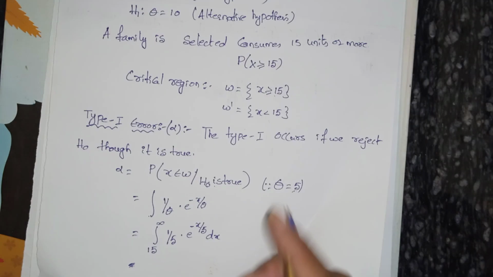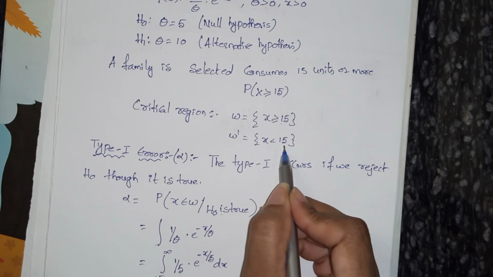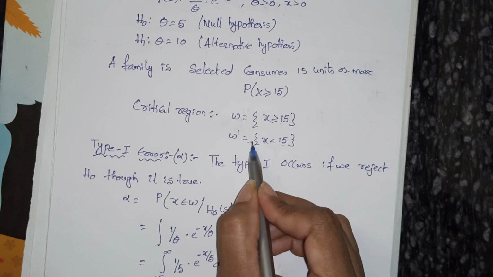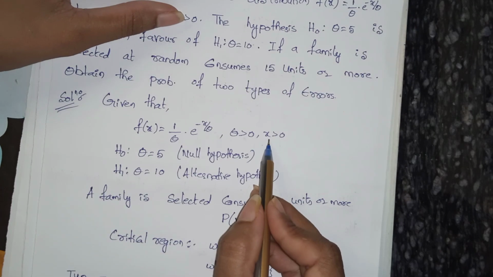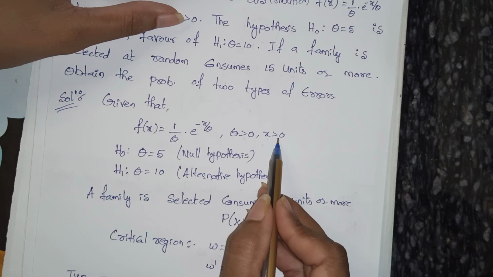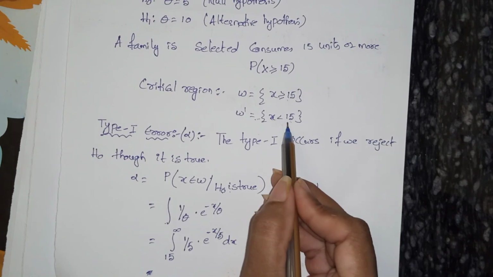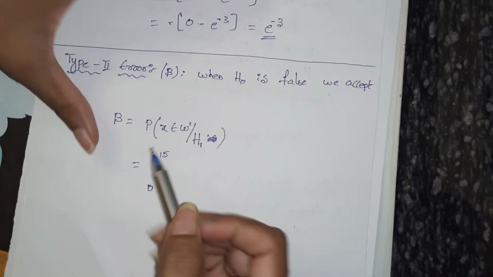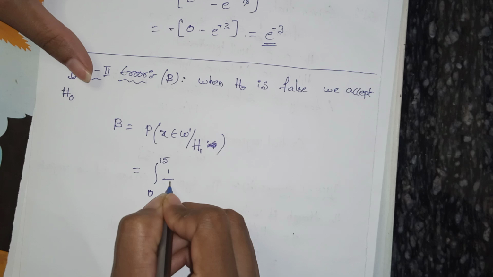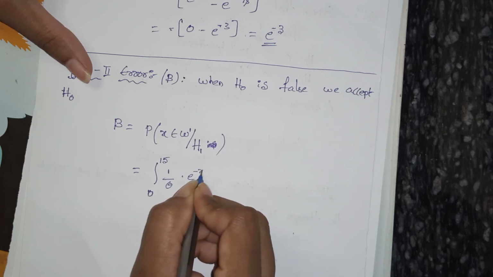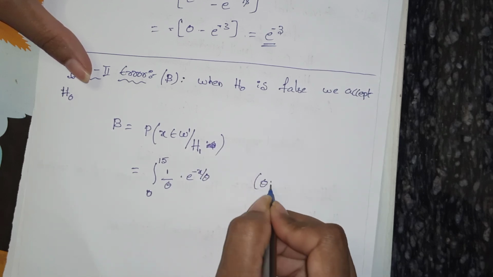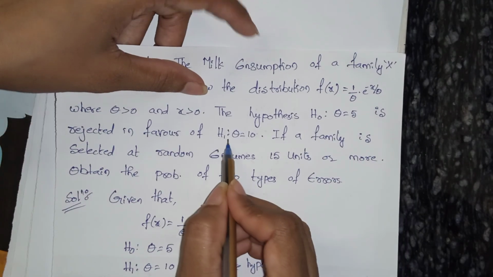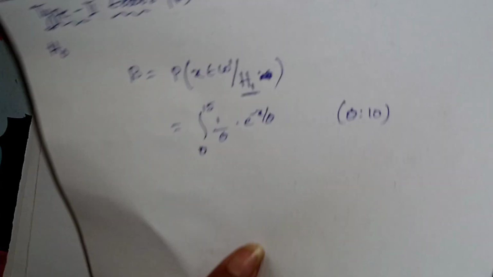So integration 0 to 15, because here the x value should be up to 15. The lower boundary can be 0, because they told that x is greater than 0, so the lower boundary is 0 and the upper boundary is 15 only. 1 by theta into e to the power of minus x by theta, and the theta value we have to take here is 10, because of H1.